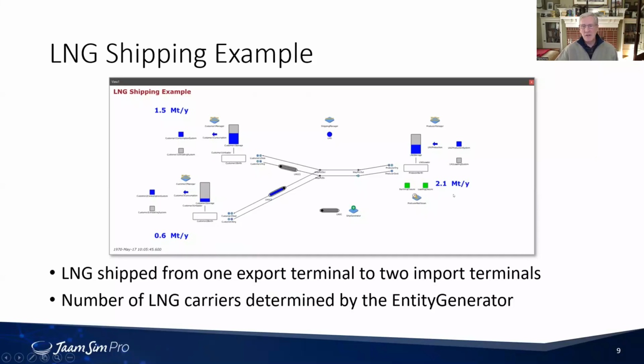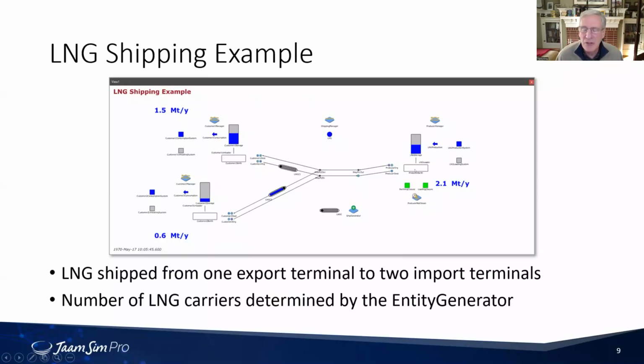One interesting thing: these areas where the ship is being loaded and unloaded are the mat flow stations. Those act as an interface between the transportation system objects, the ships, and the material flow system. You can think of those as being berths in this case, and those are resources.